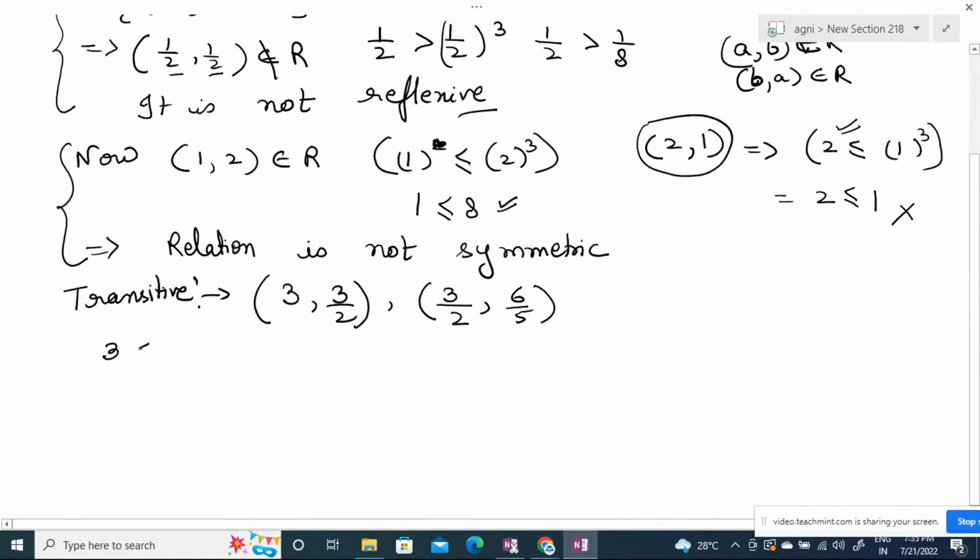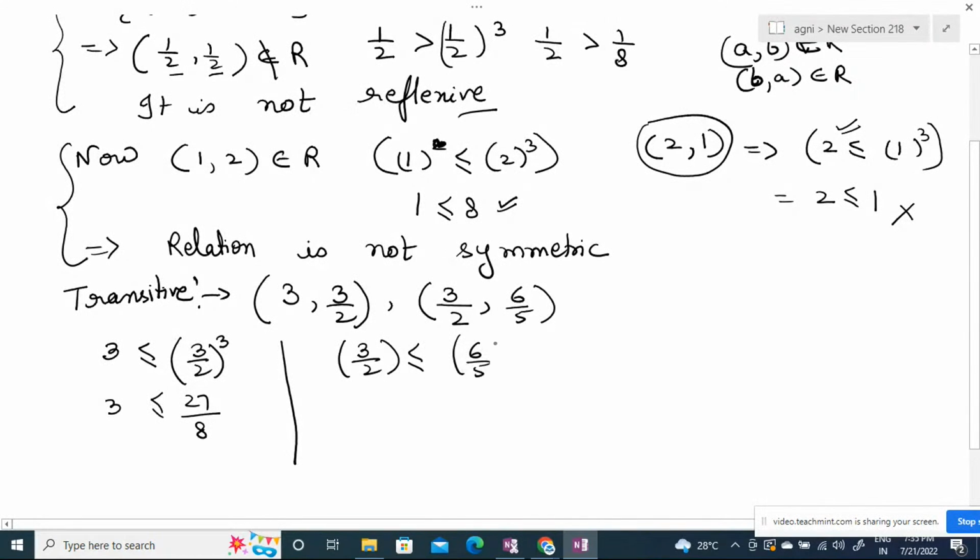Now 3 ≤ (3/2)³, so it becomes 27/8. Now we check here, 3/2 ≤ (6/5)³, that means 216/125.